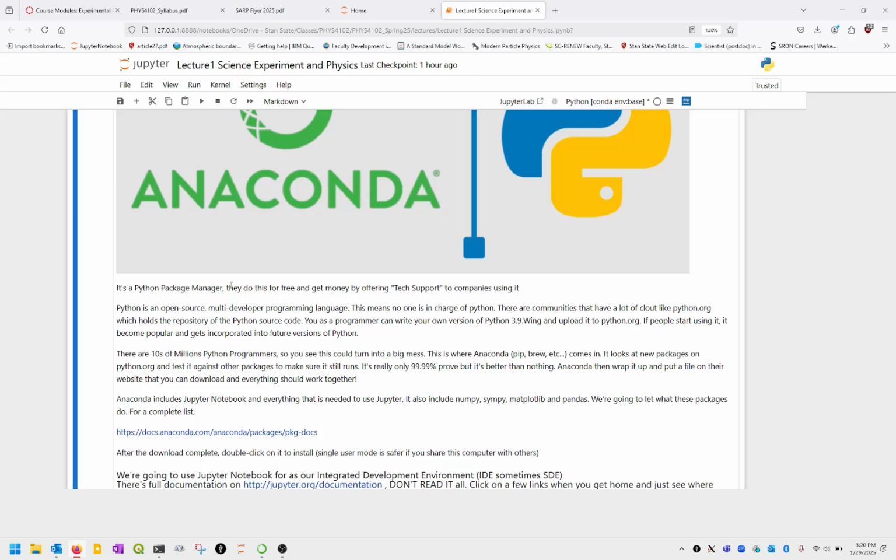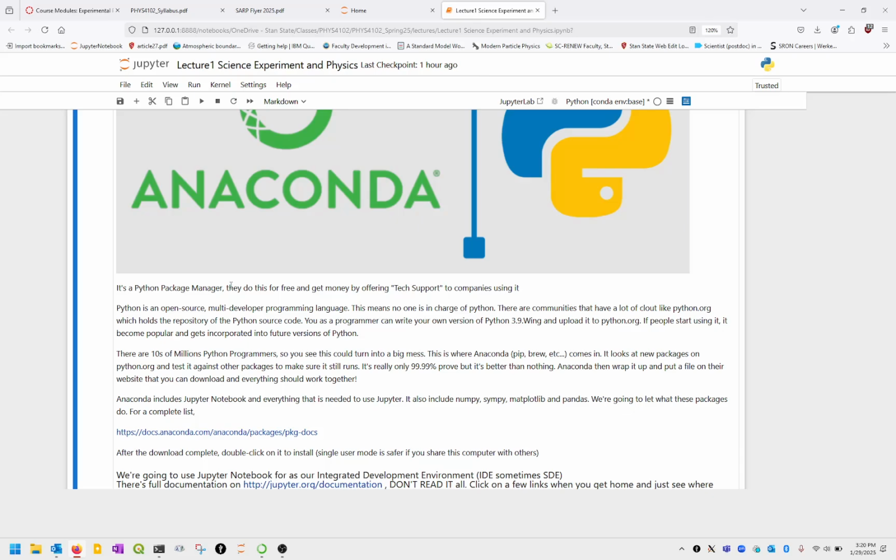For example, this Jupyter Notebook is a package on top of Python that runs the Python code and translates it into some sort of graphical image that's compatible with HTML, the hypertext markup language, and then it can display that in your browser.